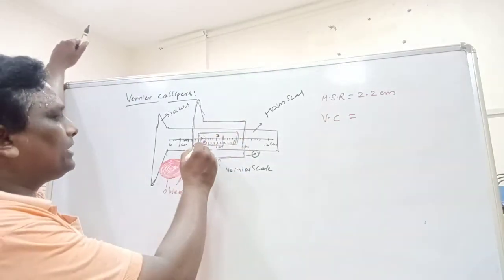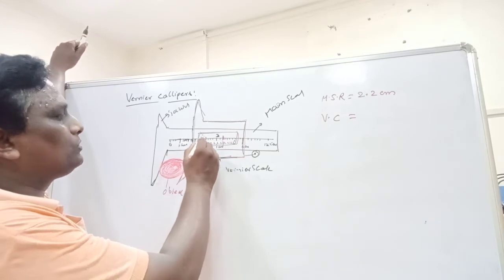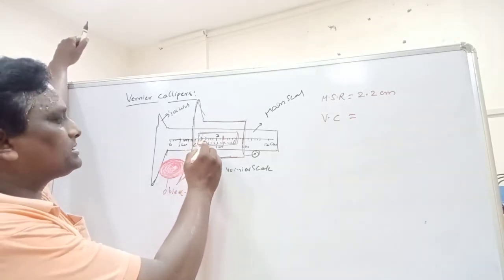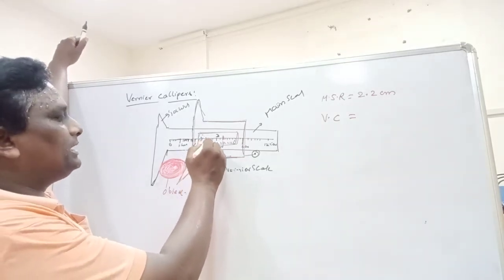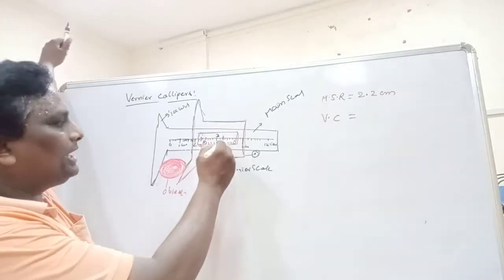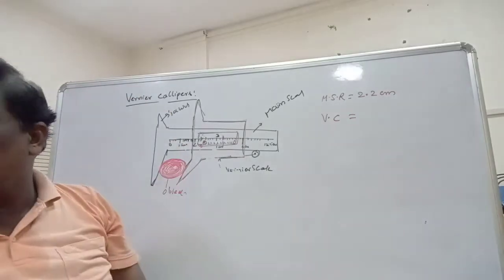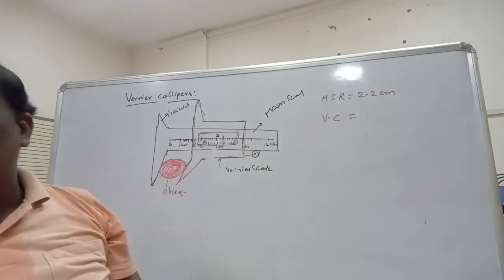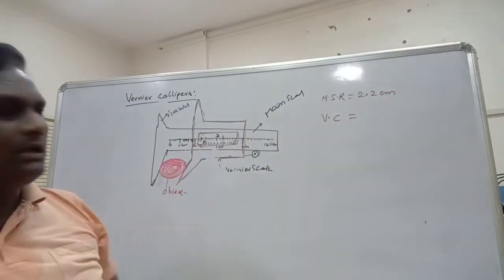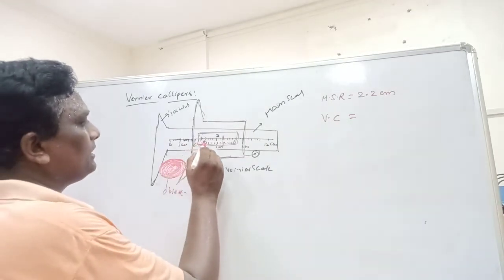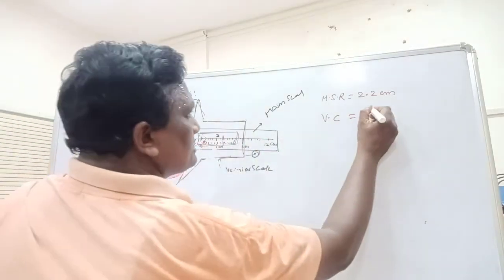The 0 division is in between 2 and 3, and similarly the first and second divisions are in between. They do not coincide. But somewhere else, one division coincides with the main scale division. That division you have to take. That is the Vernier coincidence. So Vernier coincidence is 6.